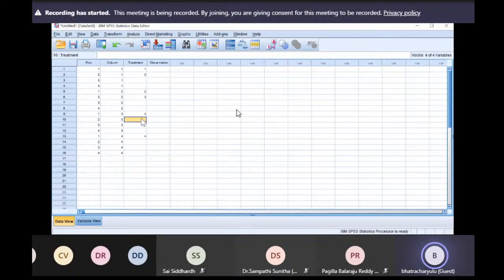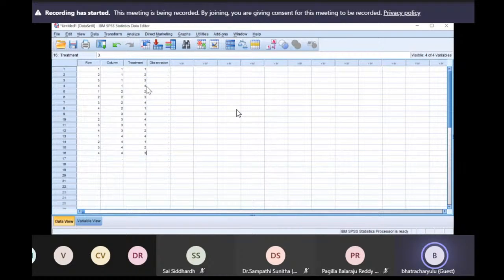Next, 4. Second row, third column. Next, 1. Yeah. Next, third row, first column, 3. Next, third row, second column, 4. 1. Next, 2. Next, similarly, fourth row, first column, 4. Yeah. And 3, 2, 1. Okay. Is it 1, 2, 3?